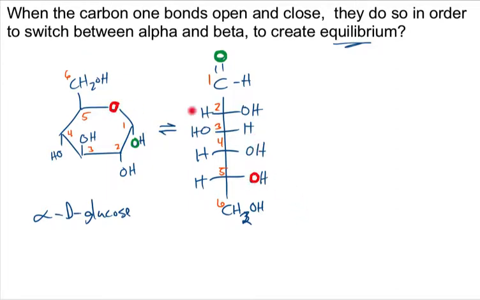So a reaction takes place between this oxygen and that carbon, and that produces the ring structure that we see here. 1 through 5 plus that oxygen. And this Fischer projection would be known as D glucose.